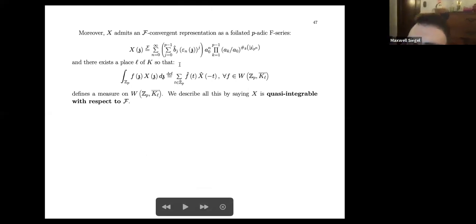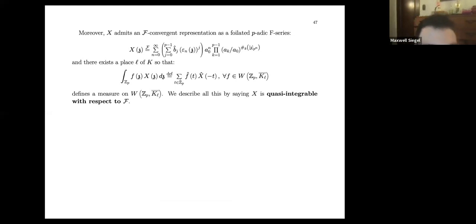X admits an F-convergent representation as a foliated p-adic F series, and there exists at least one place L of K, so that this gives a realization of X as a measure on the p-ell-adic Wiener algebra. I describe all of this by saying that X is quasi-integrable with respect to F.